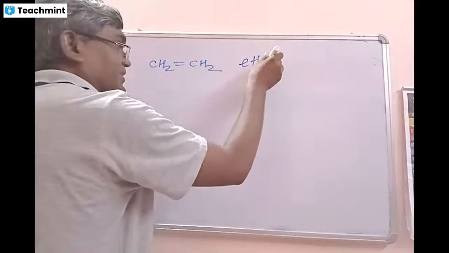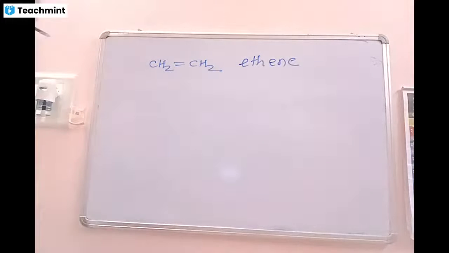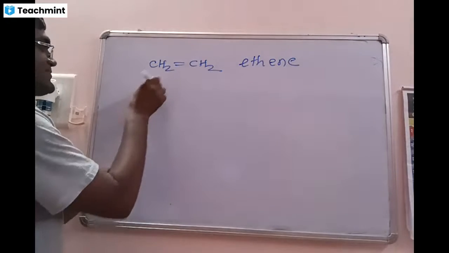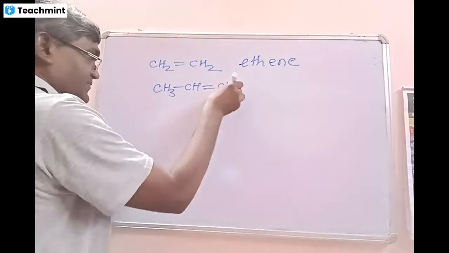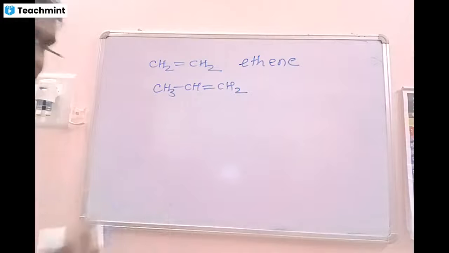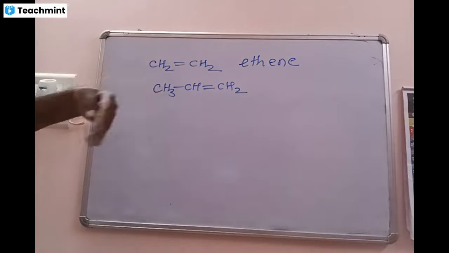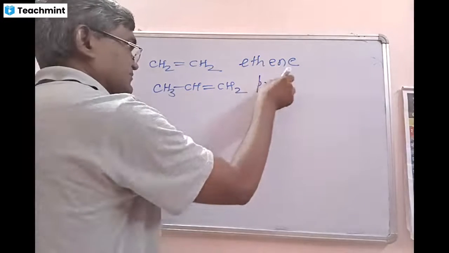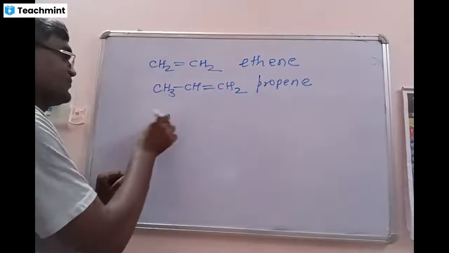Ethane. I have to replace ANE by ENE. Now the name becomes ethene, which we did yesterday, right? Now the next one is this type of compound. Select the longest chain with the maximum number of carbon atoms, 3. Name of alkane is propane. Propane's ANE replaced by ENE, so the name becomes propene, right?